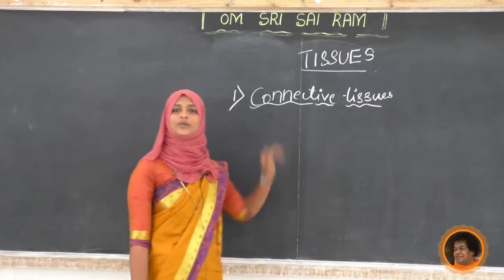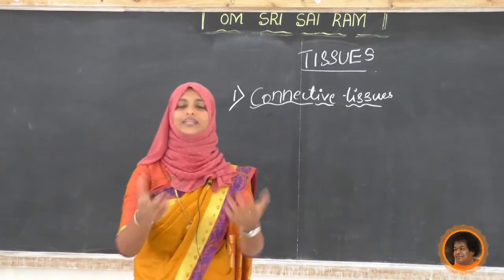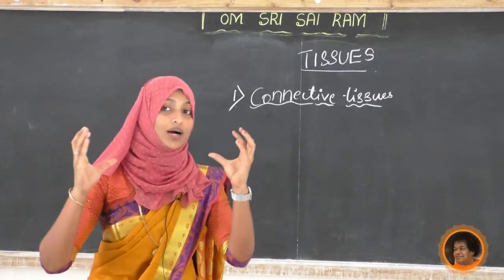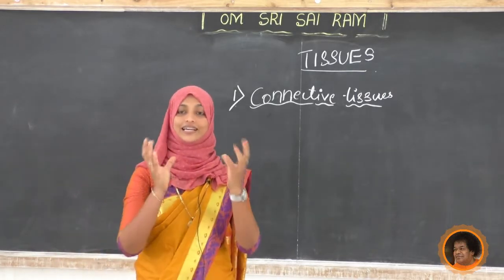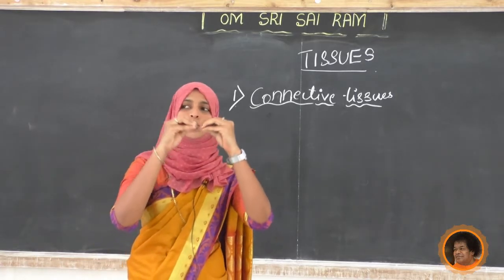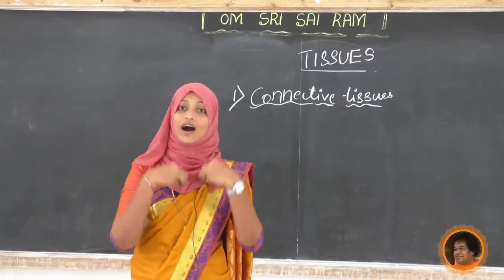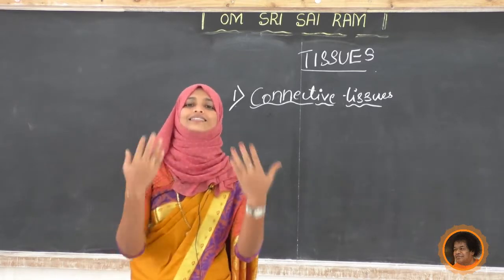Now tell me, students, what does connective indicate? Connective means what? It is connecting. You know how cement connects stones or bricks. How is it? It is connecting. We are using cement to connect stones. Same as that, in our body there is a tissue that acts as cement.